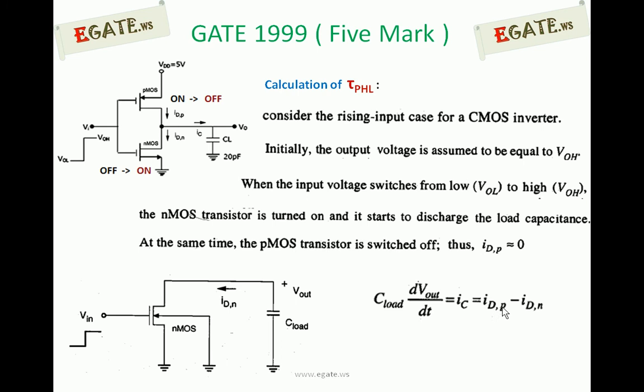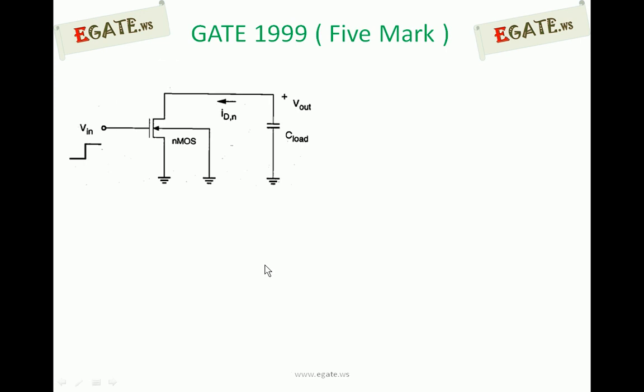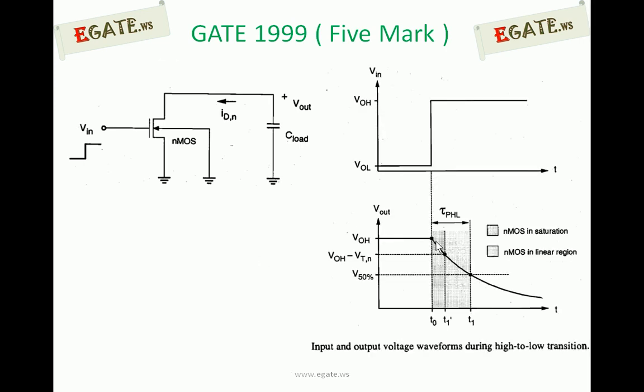IC is IDP minus IDN, but PMOS is switched off, that's why IDP is 0. So we can write C load into dV out by dt is equal to minus ID. Whenever we apply a rising input from VOL to VOH, the output is dropping, so you can calculate the change in output voltage with respect to time across any 2 points.